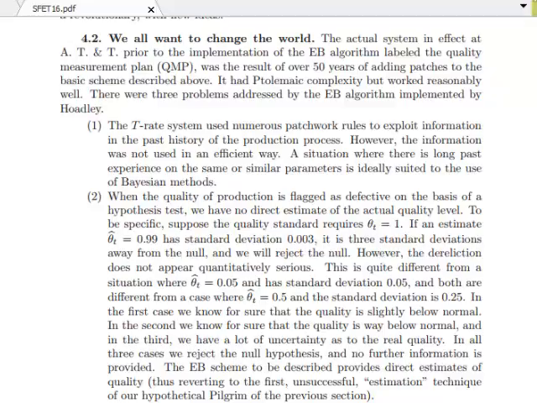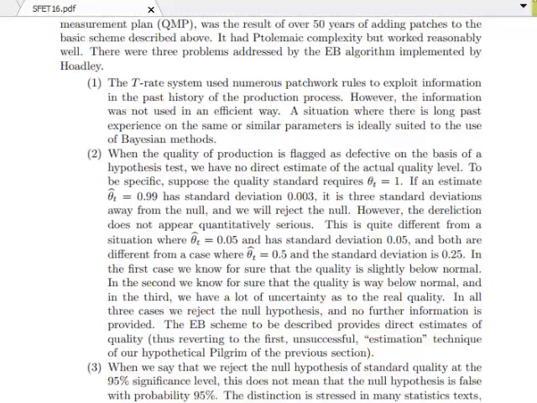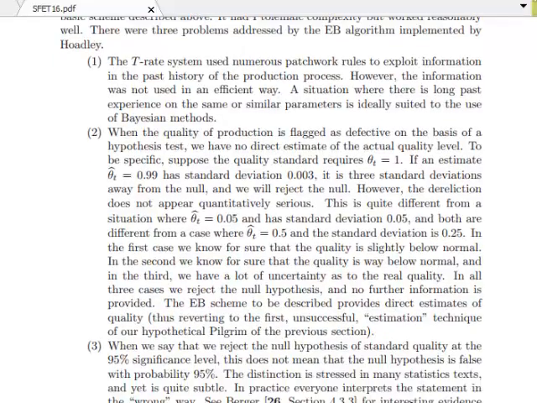So then this person, Bruce Hoadley, whom I spoke to on the phone as I was writing this book, because I was trying to find out real world applications of the empirical ways. So he said that, okay, there were 50 years of experience with this. So he said, okay, this system is good, but there are problems.